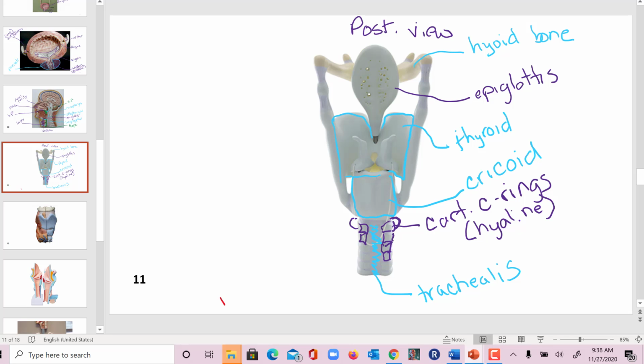Okay, then these that I'm highlighting in green, those are the arytenoid cartilages. And then the tiny little horn-shaped cartilages that are on top are the corniculate.